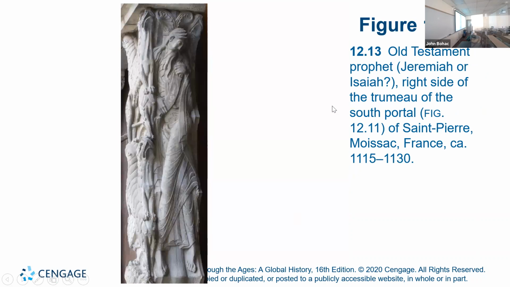And so, Old Testament prophet Jeremiah or Isaiah, kind of. What we still don't know about a lot of these figures is obviously exactly who they are, but you can see the development, the integration of sculpture into the buildings. This is like a big feature of Romanesque art.